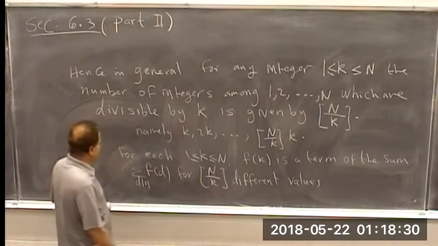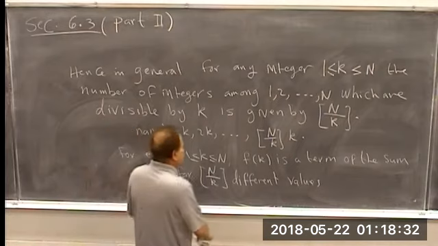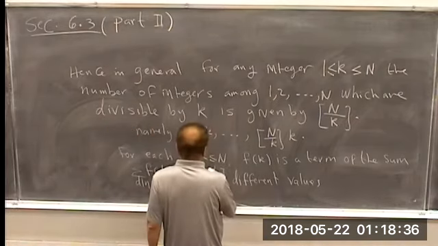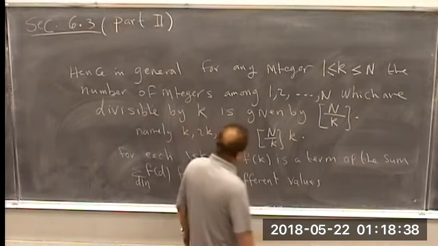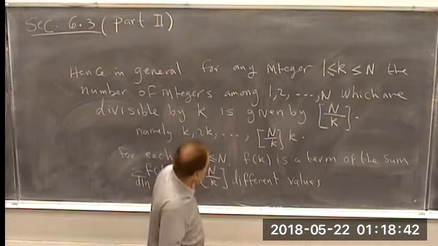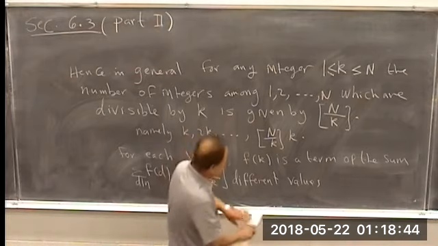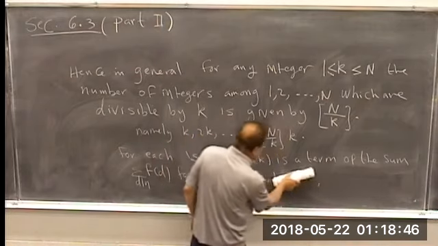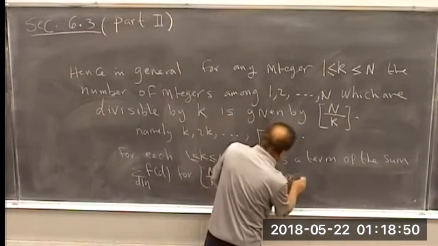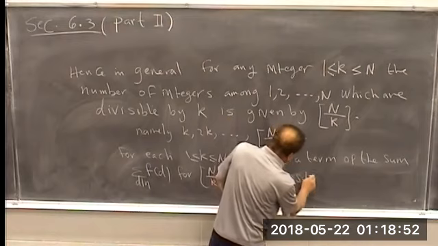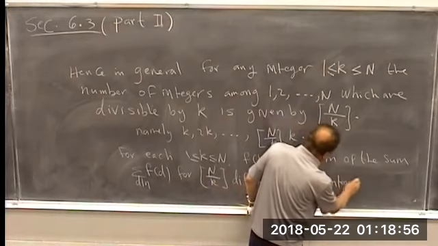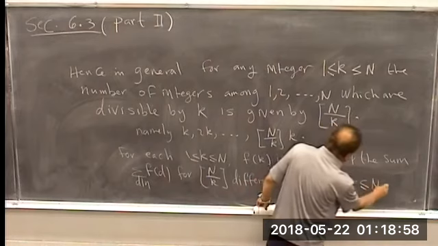Let me see if this is what we are saying. The f of k is a term of the sum for n over k different positive integers less than or equal to it.